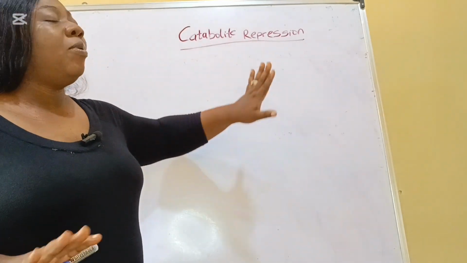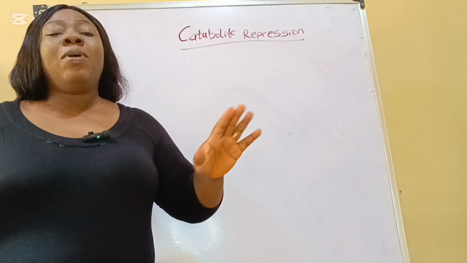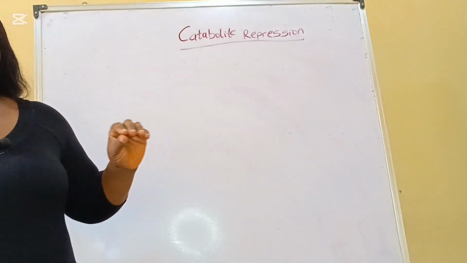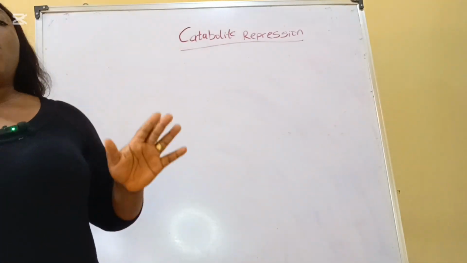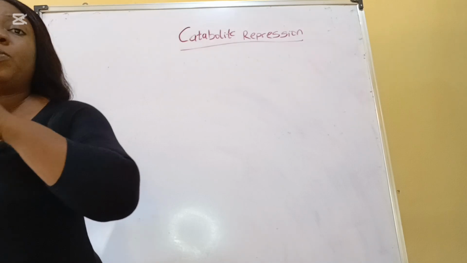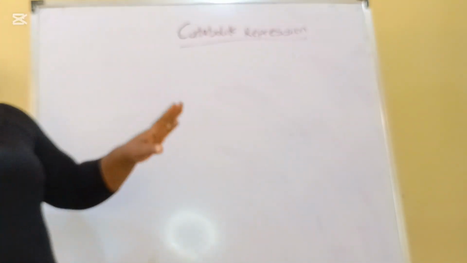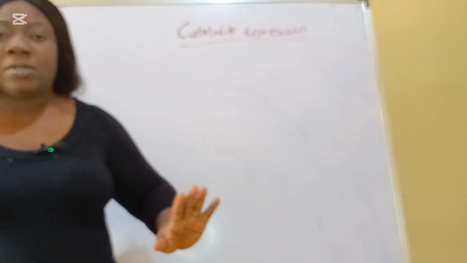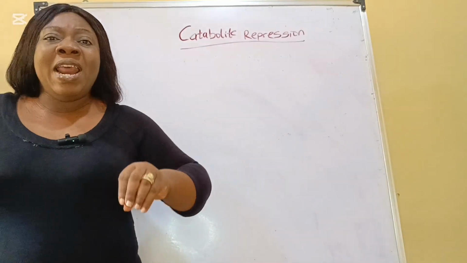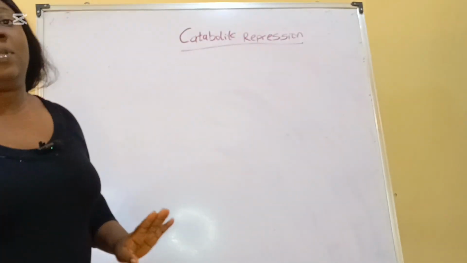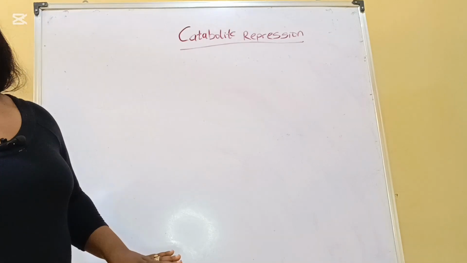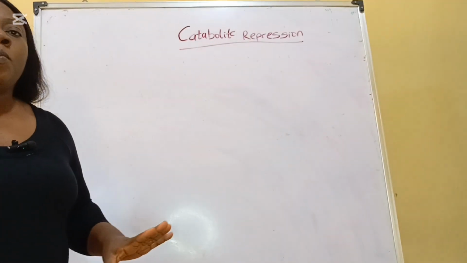What is catabolite repression all about? Catabolite repression is a regulatory mechanism, and its work is to inhibit the expression of genes that are involved in the metabolism of alternative carbon sources when a preferred carbon source is present. Let me go over that again.